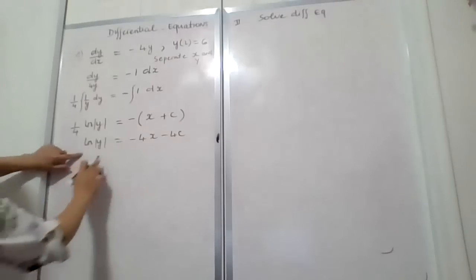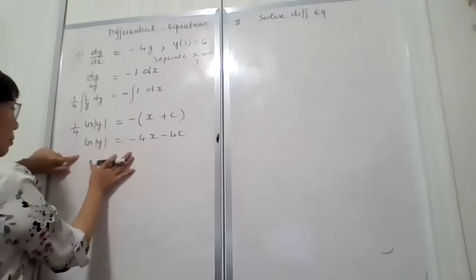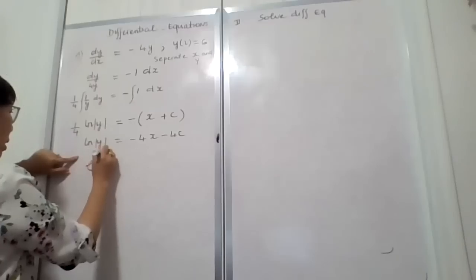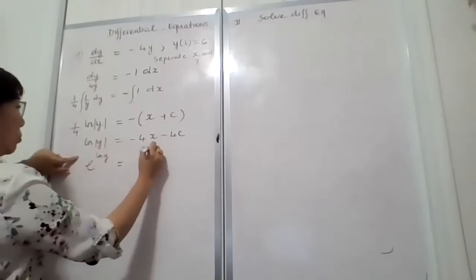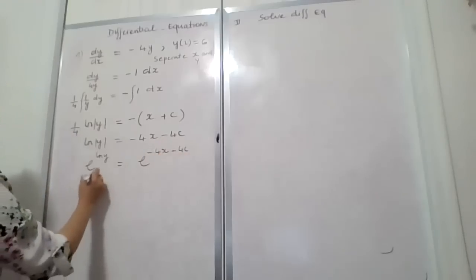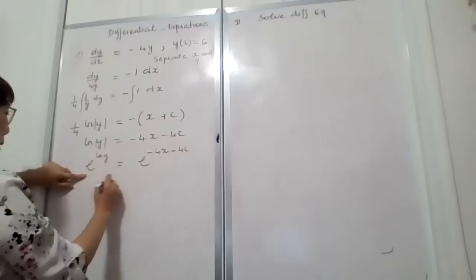Okay. So now we'll raise both sides with the base e. So we're going to have e to the ln y equal e to minus 4x minus 4c, and e to the ln y equal y.